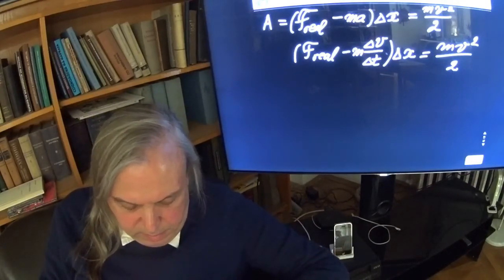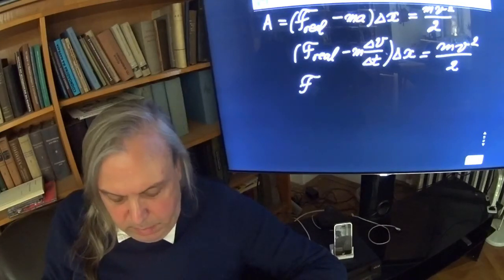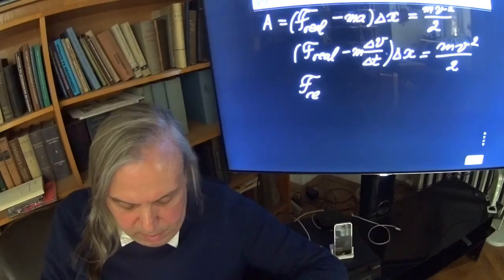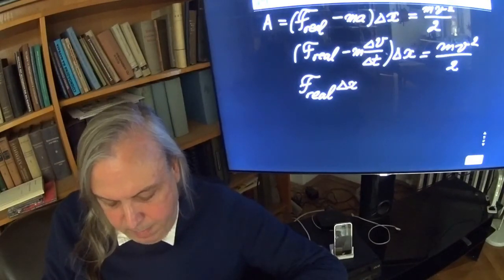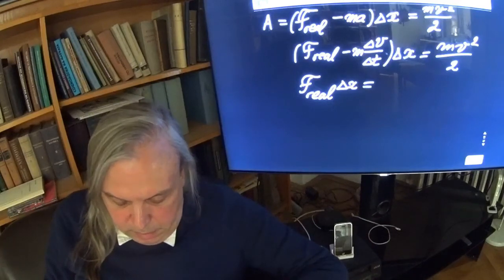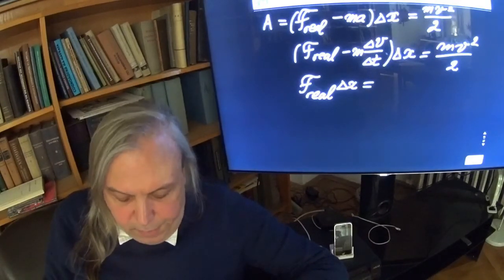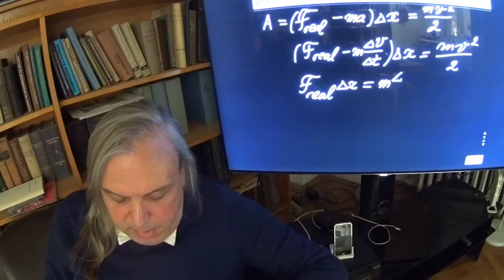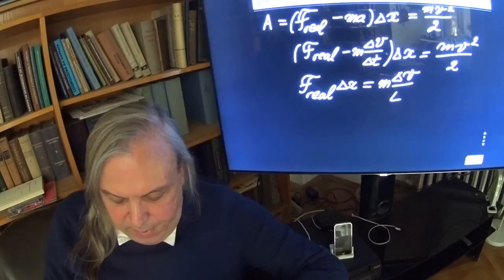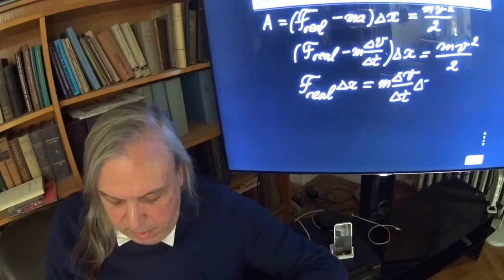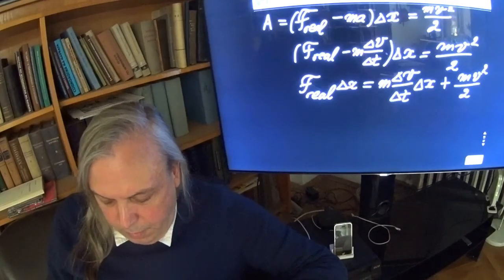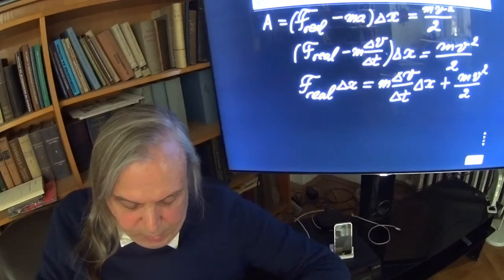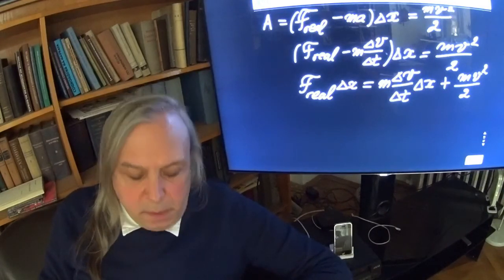Now we can open the parentheses. F real delta x equals, and we reorder, of course, m delta v over delta t delta x plus m v squared over 2. Now we can multiply both sides by delta t.